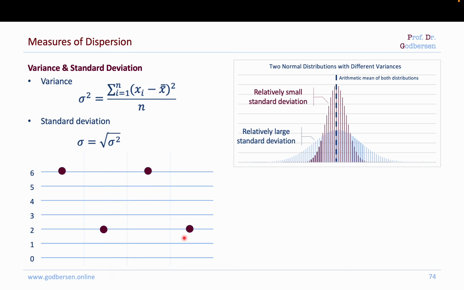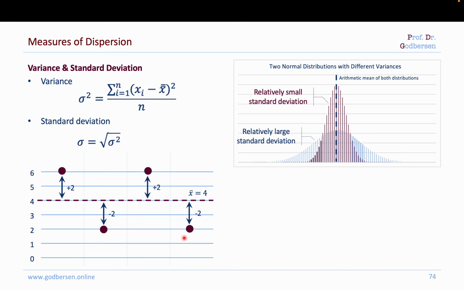The arithmetic mean in this case is 4. I think this is intuitively obvious, but you could also calculate 6 plus 2 plus 6 plus 2 divided by 4, that is 4.